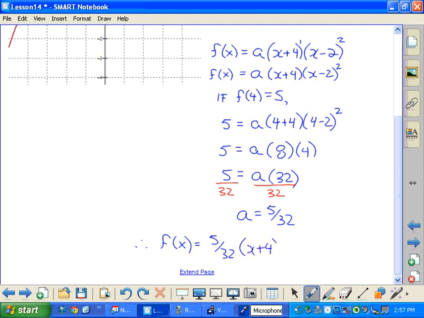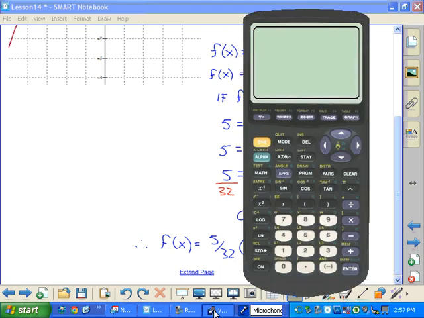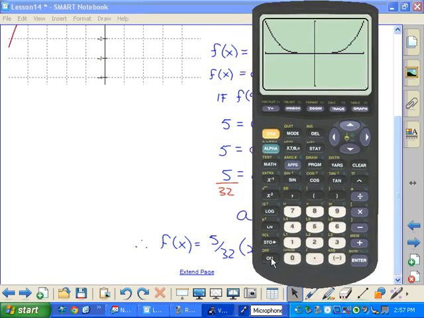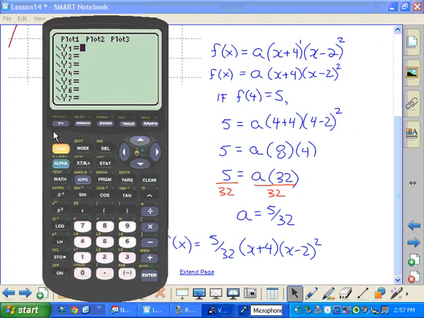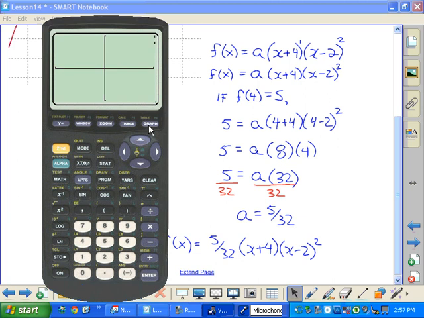And this equation will fairly closely model the graph that we have here. Is it going to be exact? Definitely not, but it's going to be pretty close. So if I go to my graphing calculator, just to prove to you that it's actually going to work, I'll enter it in here. So bracket 5 divided by 32, bracket x plus 4, bracket x minus 2 squared. If I hit graph, see what shape comes out of it.